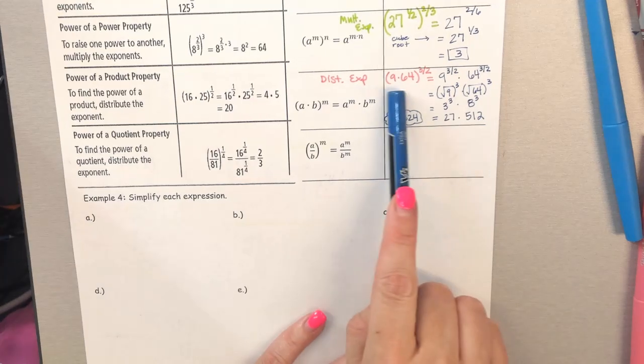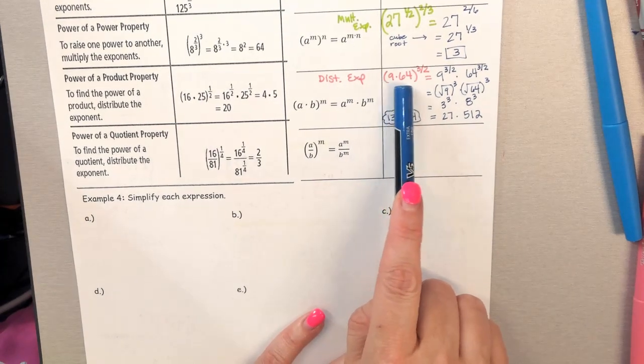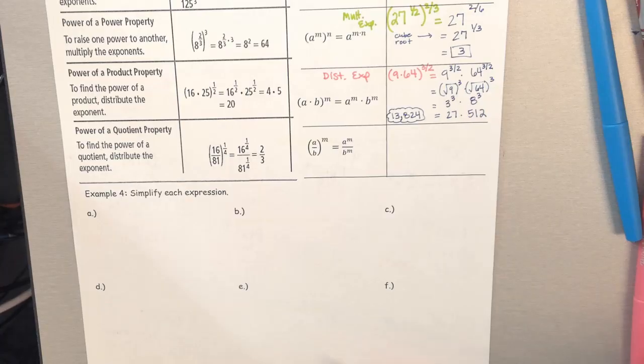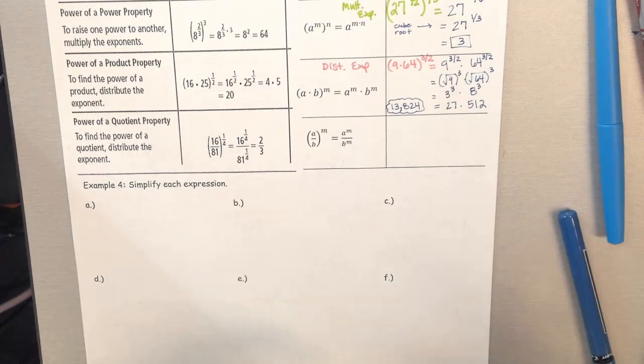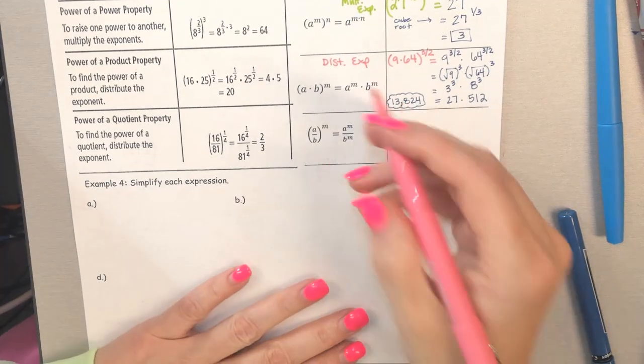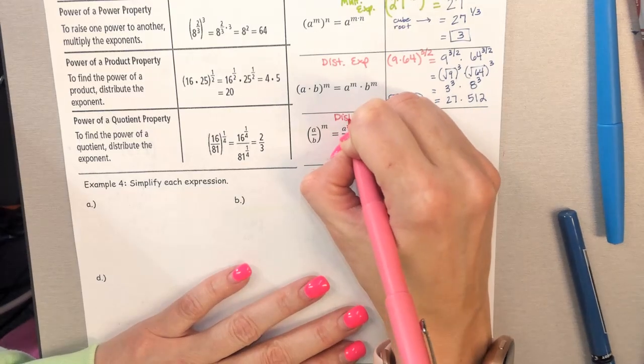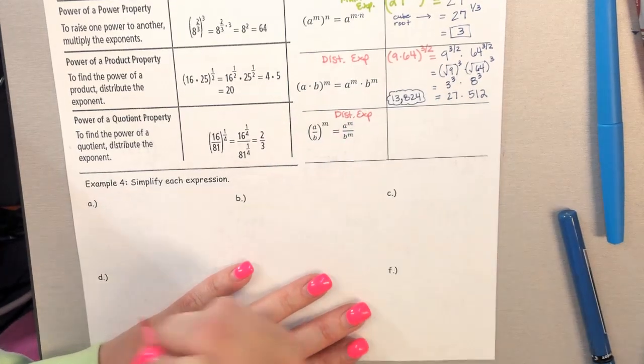Okay, but I did want to show you one where you wouldn't want to multiply right away, and so I had to use some bigger numbers. All right, and then the last one is another distribution of exponents. It's just with division.